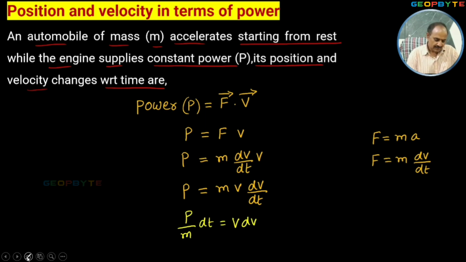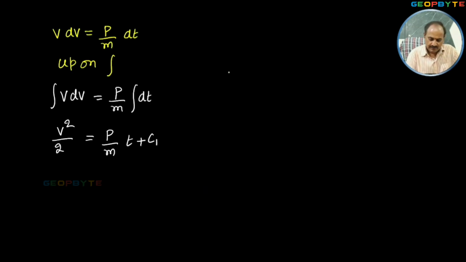Since the automobile engine is starting from rest, at t equal to 0, v equal to 0, then 0 equals 0 plus c1. From this I can write that c1 equals 0.